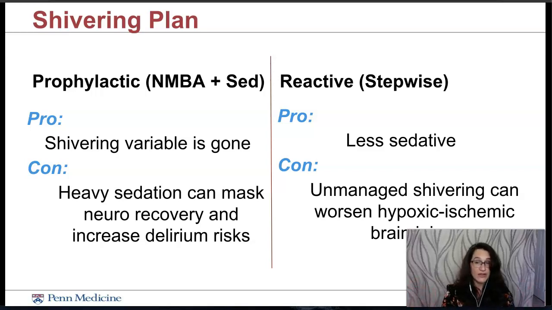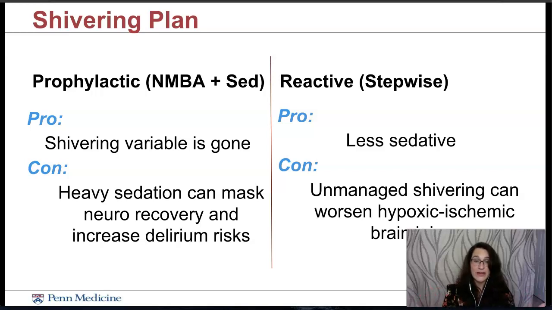So the pro of this, the best thing about using neuromuscular blocking agents and sedatives all through TTM is that shivering variable is gone. They're not moving. And we're not going to mistake shivering for myoclonic jerking or seizing or whatever. We have knocked them out. So we have that variable gone.